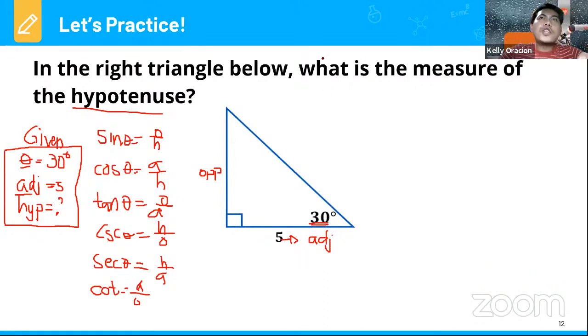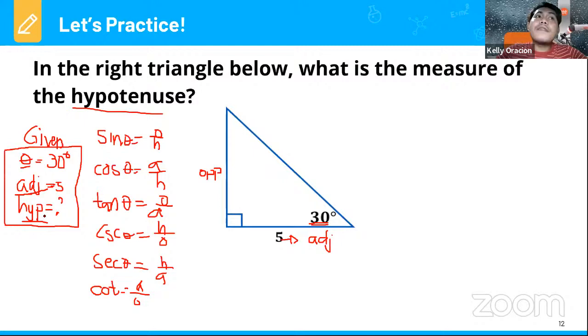So SOHCAHTOA, CHUSHAKAW. Okay. Now, ibalik-balikan natin yung tanong kanina. Sa 6 na trigonometric ratio, since hypotenuse ang missing and adjacent ang given, alin sa kanila yung pwede natin gamitin para ma-solve yung hypotenuse?